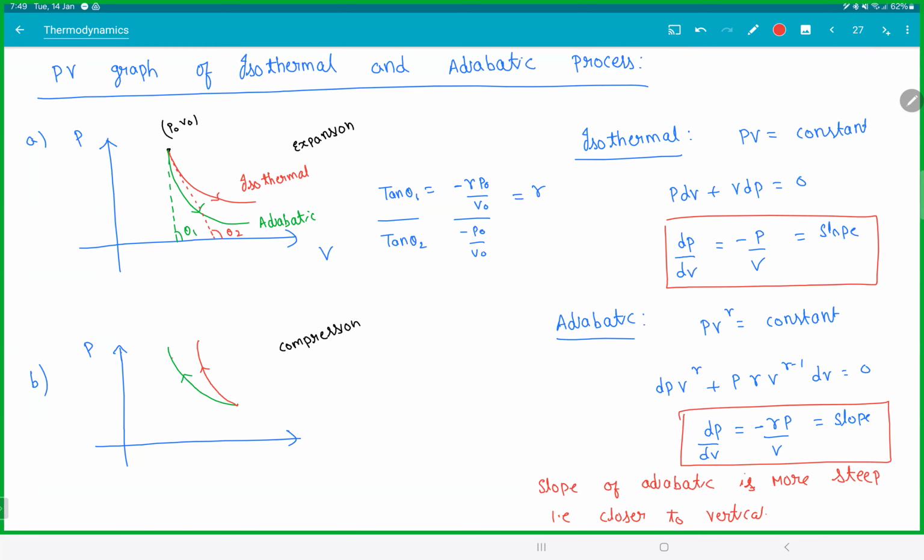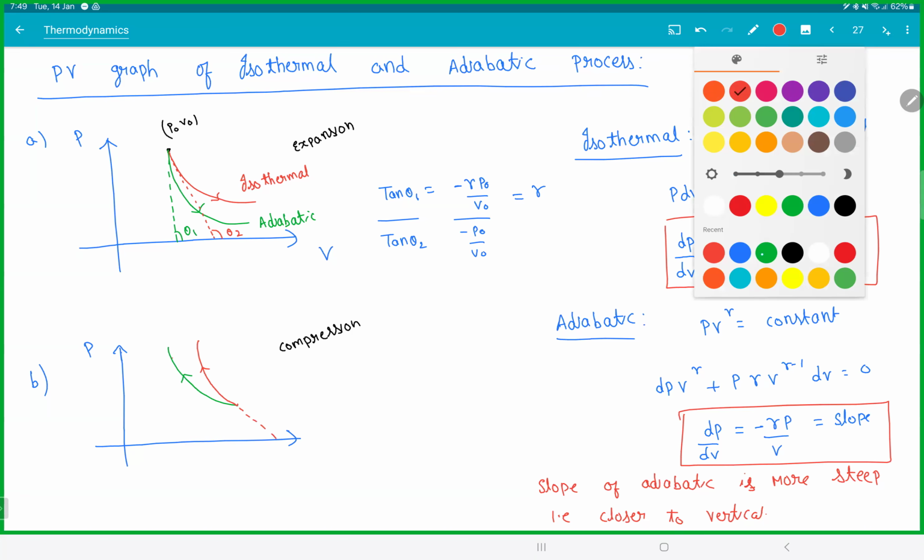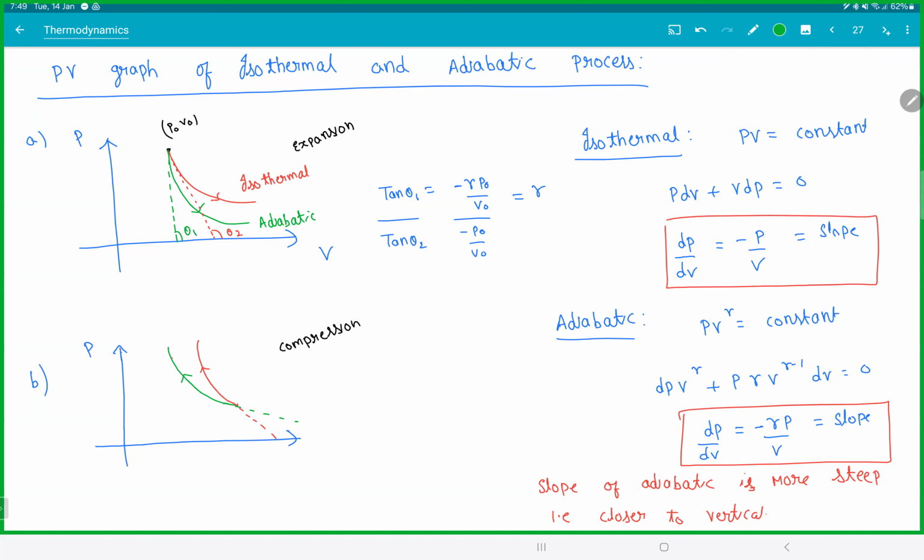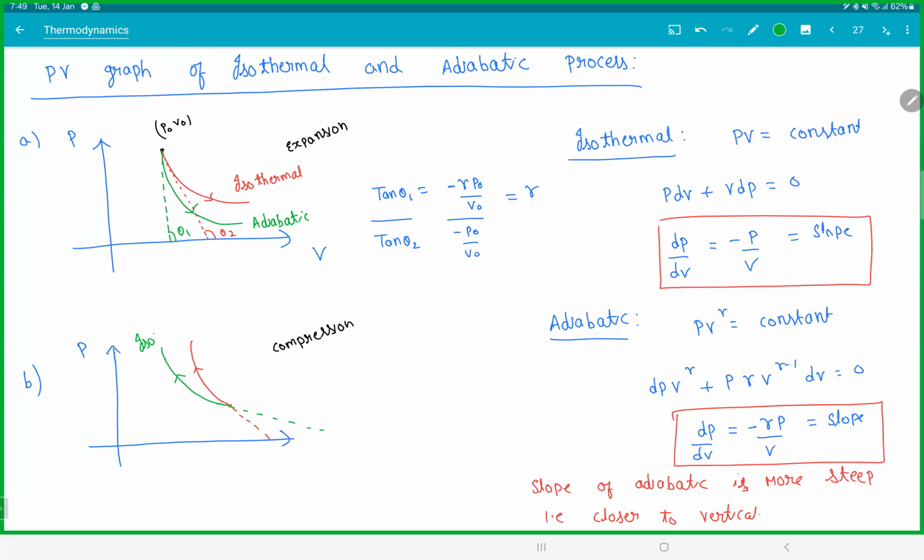What about this one? Who is more steep here? You can see red is like this. The green is actually more flattish. So who is more steep here? The red is more steep. So the green is isothermal here. The red is adiabatic.